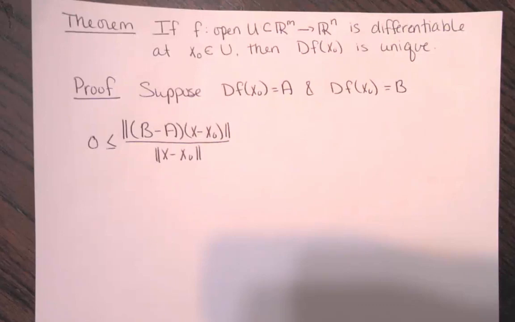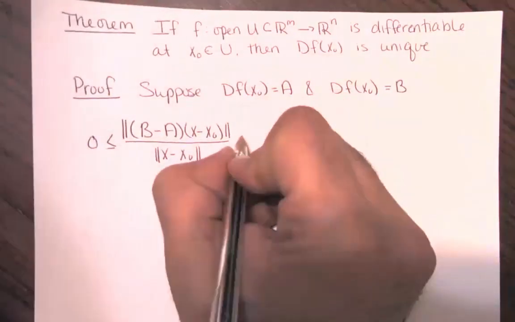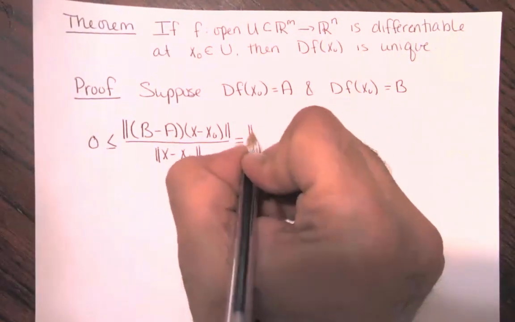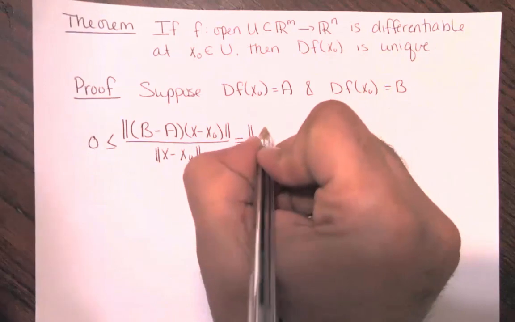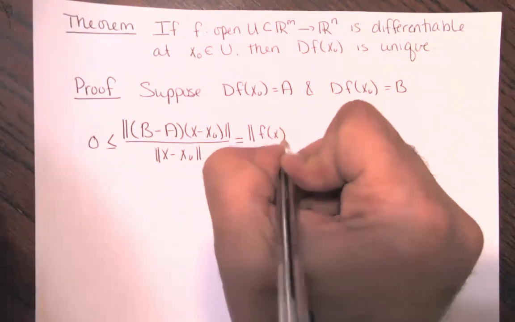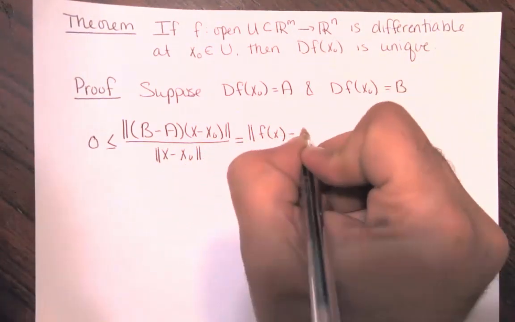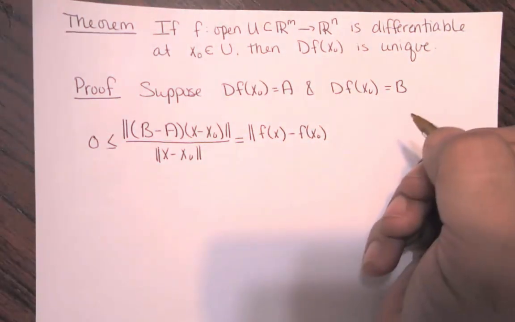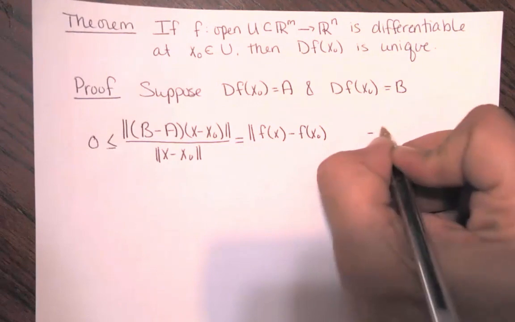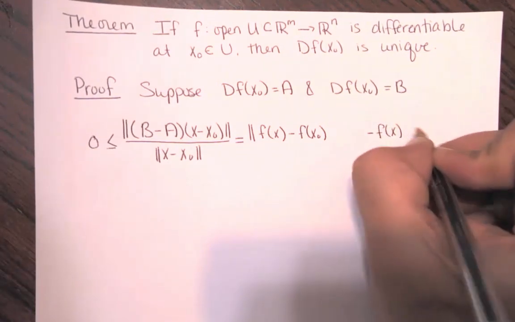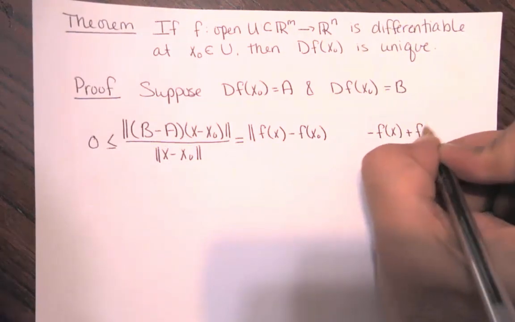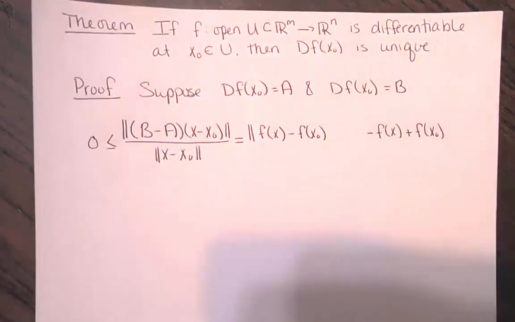And now we can go about adding zeros. So let's add f of x minus f of x naught, and we'll subtract f of x and add f of x naught.